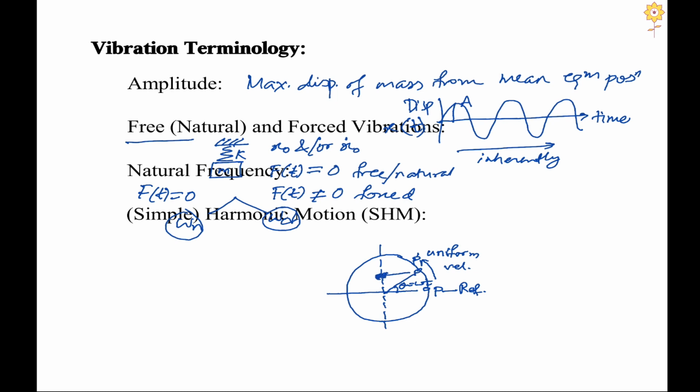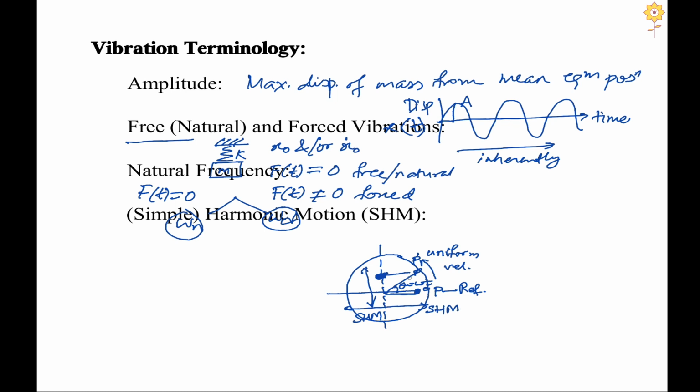The motion of this projection along the diameter defines simple harmonic motion. So we have taken the projection of this particle P along the vertical diameter. Likewise, we can also take the projection of particle P along the horizontal diameter. In that case, the projection will be over here and will be moving from this end to this end, right. This also defines simple harmonic motion.